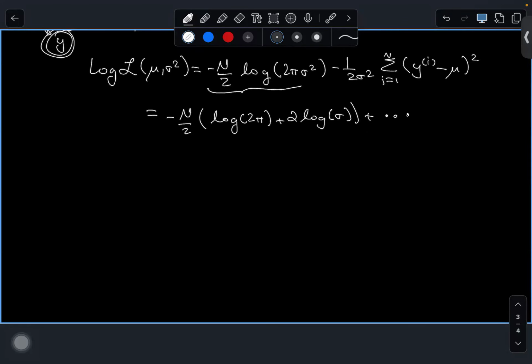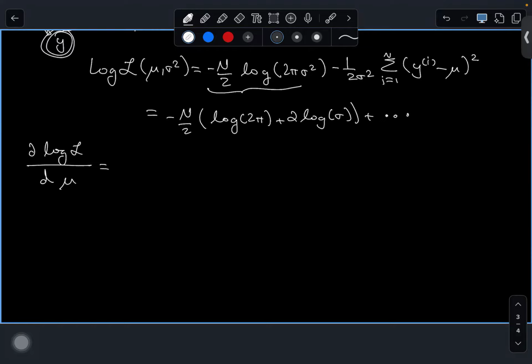Now we want to find the parameter mu, the mean of my distribution. I find the derivative of the log of the likelihood with respect to mu. That's the second term. I have the sum of these squares. What I do is I find the derivative of each element.